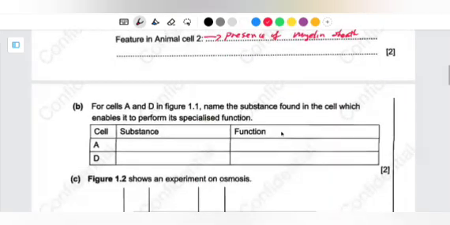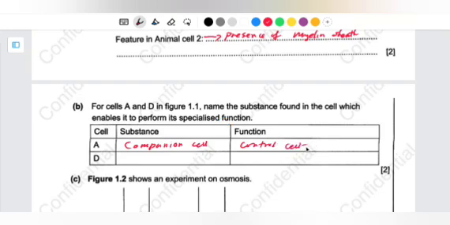For cell A, we are going to say it contains companion cell, and in terms of the function, we write control cell activities. Or if you don't want to say that, you can say generating energy. And then for D, chloroplast or chlorophyll.